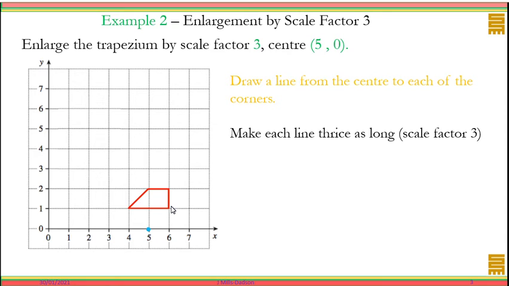So it's 1, 2, and 3. Second point, here you can see it's 1 and 2. Continue: 1 and 2, 1 and 2. You repeat the same pattern 3 times because it's scale factor 3.